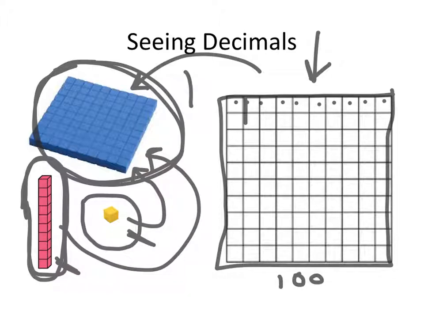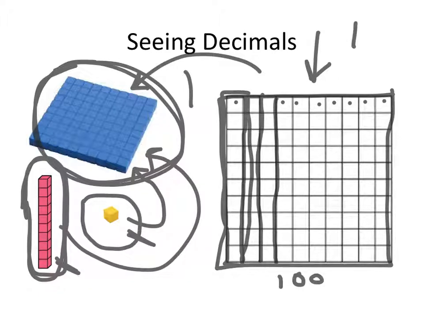We can also look at the strips in our drawing, and if we count up all of the strips, you're going to notice that there are 10 of them in our whole. So our whole square is 1 whole, each strip is 1/10, and each little tiny square is 1/100th.